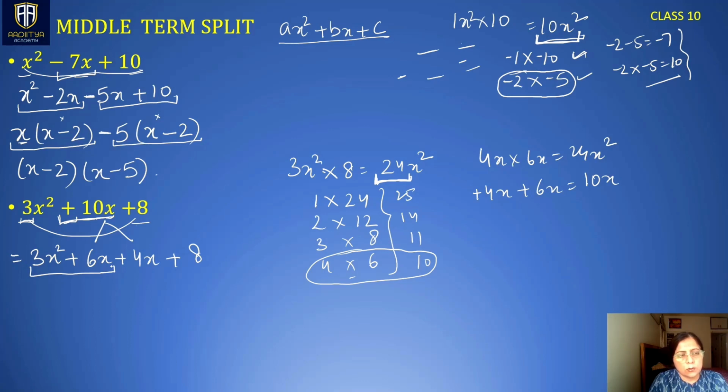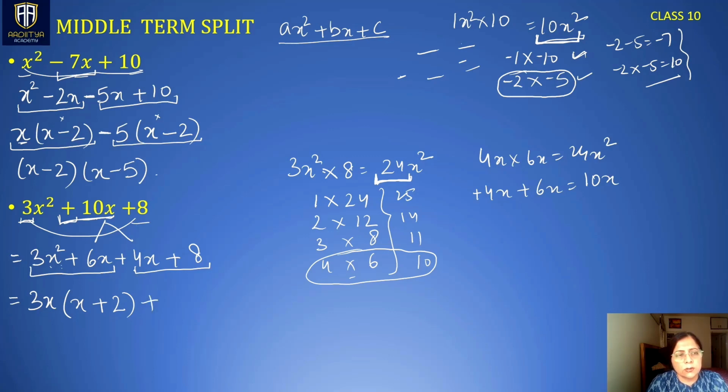So now taking out common in the first two terms, what do we have common? 3 and 6. So 3 is a common factor for both the terms. Here we have 2x and here we have 1x. So 1 can be given out by both the terms. After that, we are left with only 1x at the first place. And here we have taken out 3x, so we are left with 2.